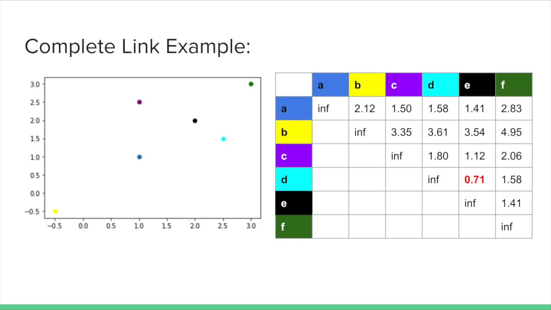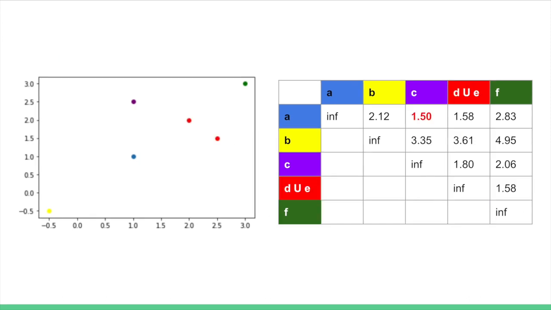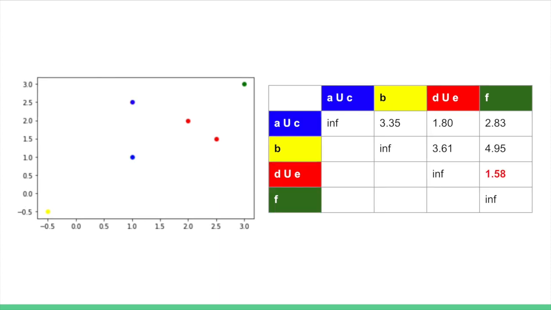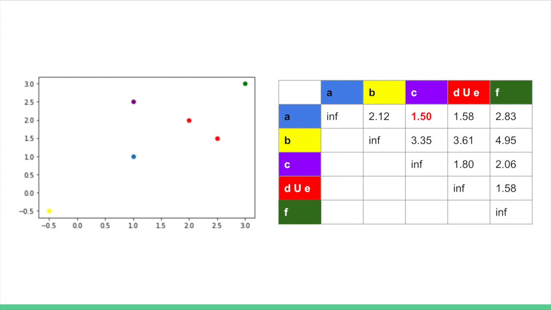Because we also start with individual points as clusters, the closest Euclidean distance is once again between D and E. So we cluster them together, merging the two points into a single cluster that we now color red. The next closest distance is between A and C, which is 1.50.